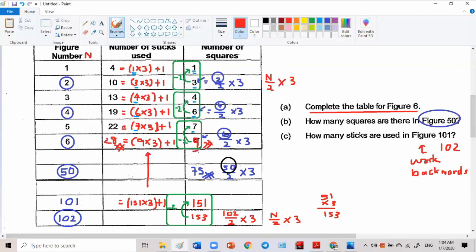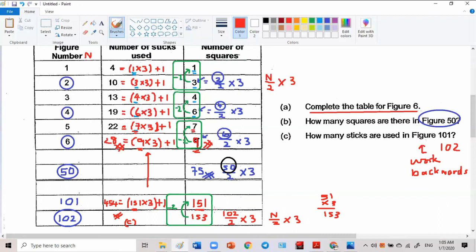All right, so we take the 9, 9 times 3, 7 times 3 plus 1. In this case 151, 151 times 3 plus 1, and the answer should be 454. That should be the answer for part C. Everything done. Part C is this answer, 454.